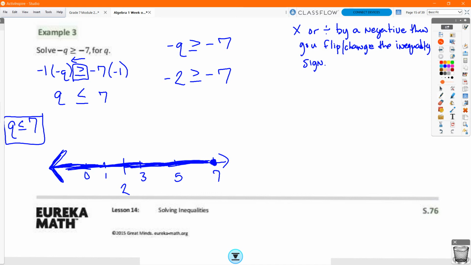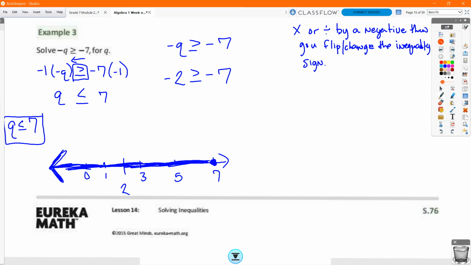Now, here's something I want you to try instead. Look back at the original expression: negative q is greater than or equal to a negative 7. So let's try it if we hadn't changed anything.